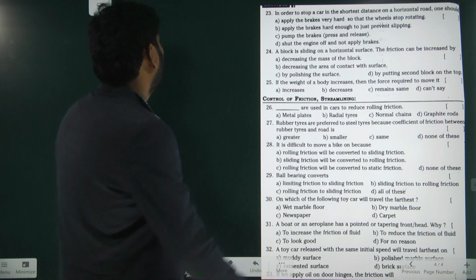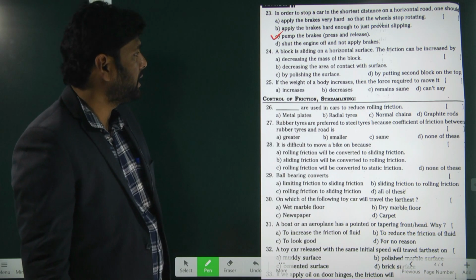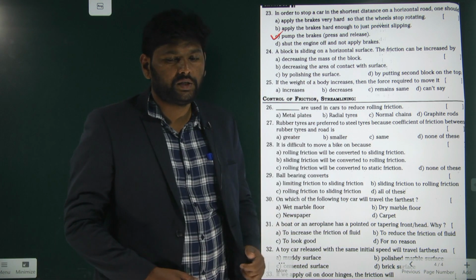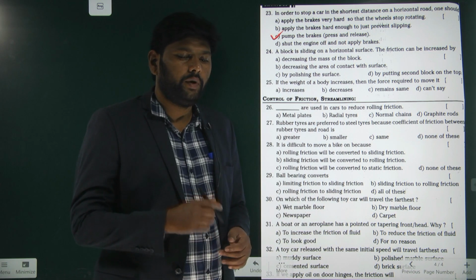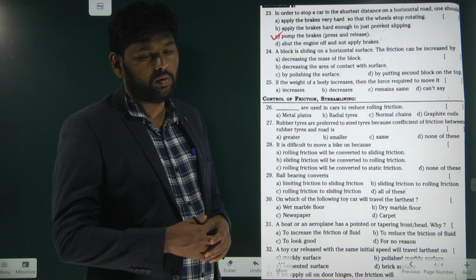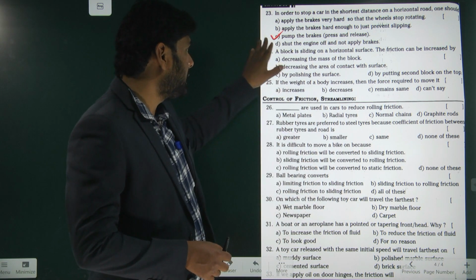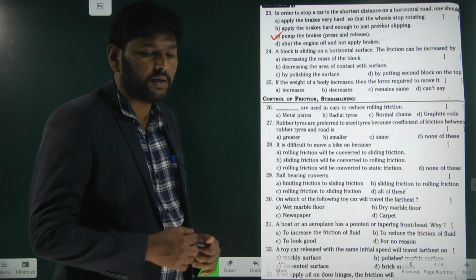So actually this option C is correct, because here it is rolling friction, when it rolls on the road. Rolling friction provides more safety for the brakes. Based on this concept only, the ABS, anti-braking system, is working.